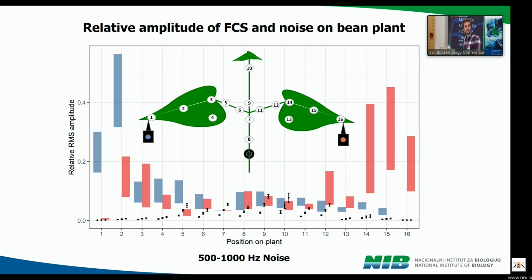And for the 500 to 1000 hertz noise, this basically means that the most problematic areas for the males on the plants in terms of the signal to noise ratio were on the stems and the petioles, but not so on the leaves. If the animal had gotten to the leaf, we assumed that it would find the vibrational source, but that wasn't always true.